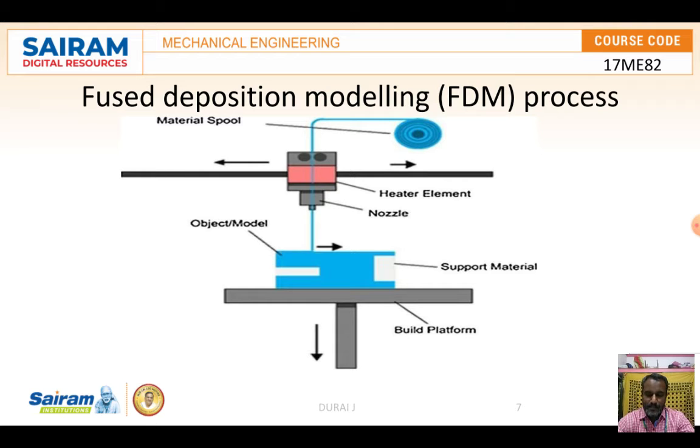The entire system is contained within a chamber held at a temperature just below the melting point of the plastic. The material flows via the nozzle until the full component, whatever we have created in the 3D model, is finally created.